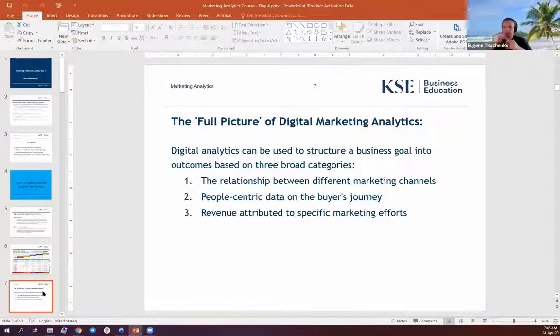That also facilitates the process and should be included in the process, as well as revenues. Point number three, attributed to specific marketing efforts.